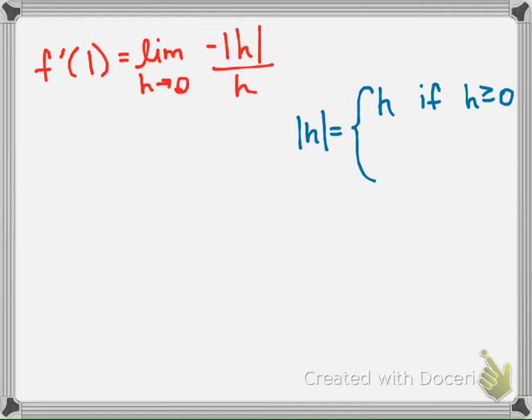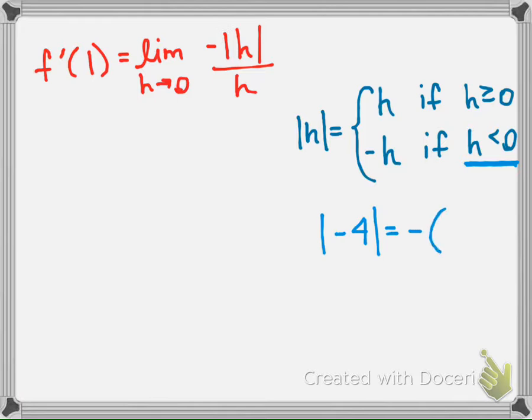And the way we take the opposite is we take the negative of a negative number. So for instance, if I want to take the absolute value of -4, this piecewise function would tell me -4 is less than 0, so that is -(-4), which is +4. That's how I would deal with that one. Okay, so here's our piecewise function.